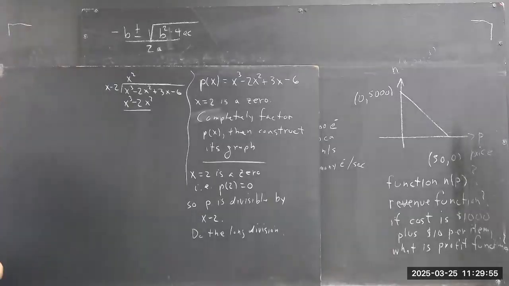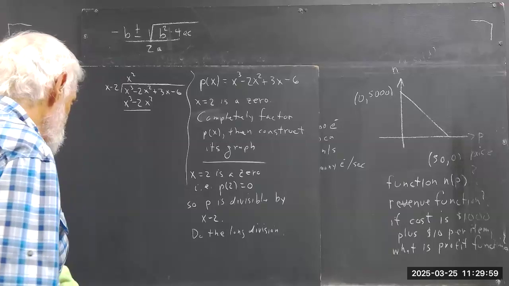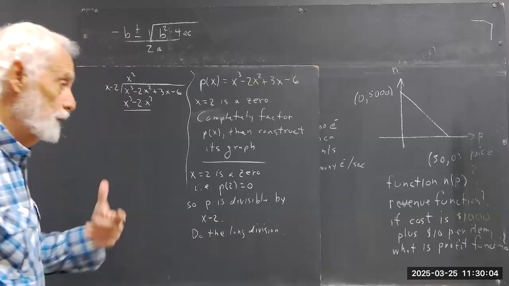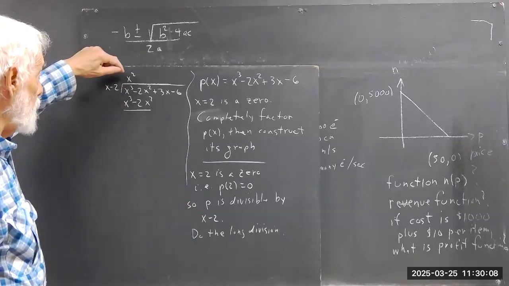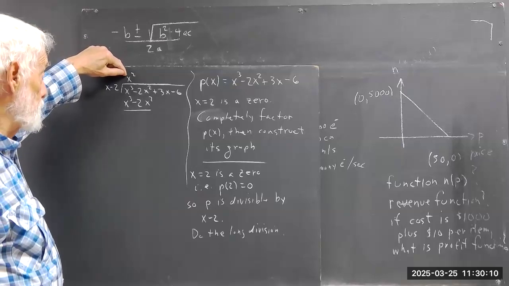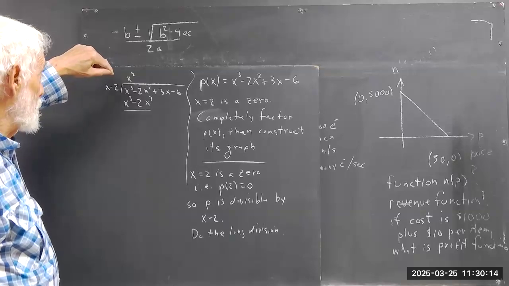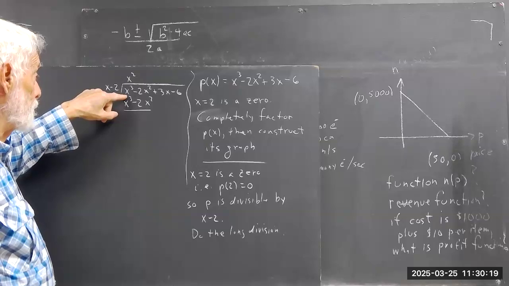And then what do we do? Well, I've explained, and you know, this is a little hard to understand. You're not required to understand it, but if you do, it makes a lot more sense out of it. You know you're going to need an x squared, because x squared times x is going to give you your x cubed.